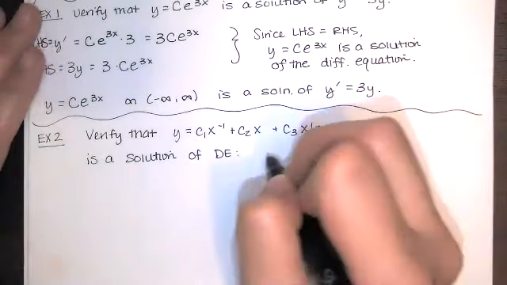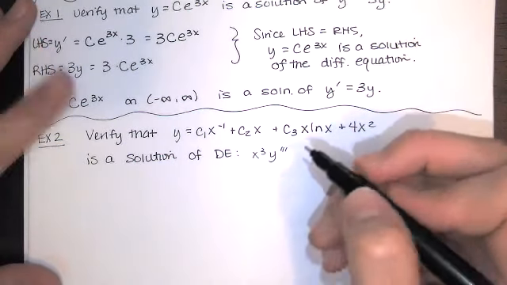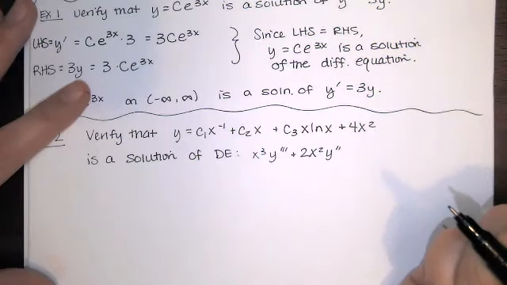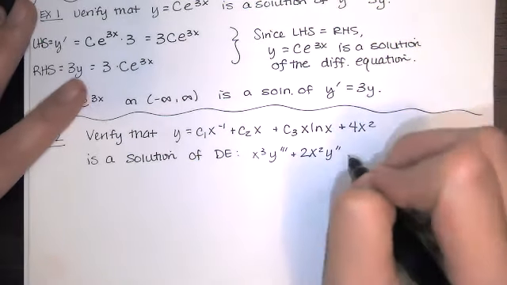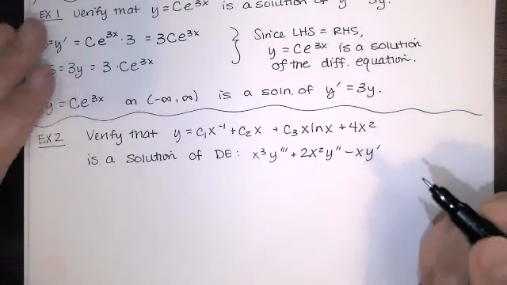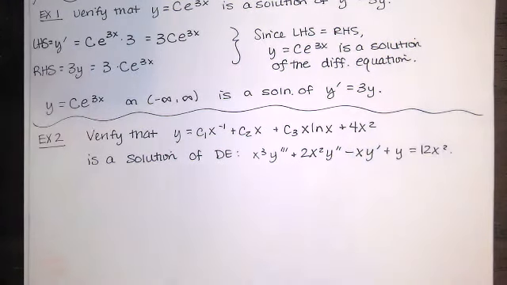You've got x cubed times y triple prime plus 2x squared times y double prime minus x times y prime plus y equals 12x squared.